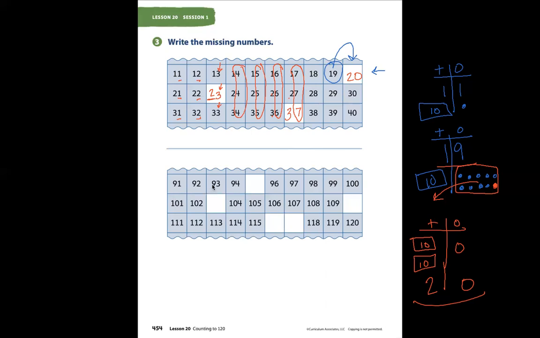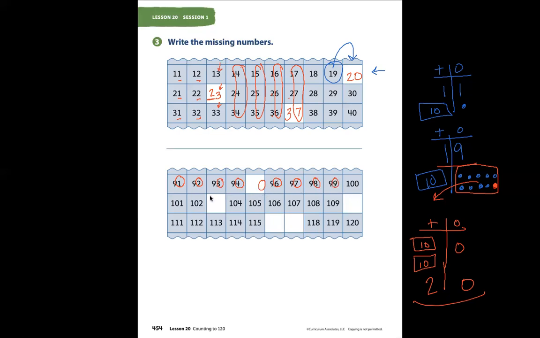91, 92, 93, 94. Look at this. 1, 2, 3, 4, 6, 7, 8, 9.